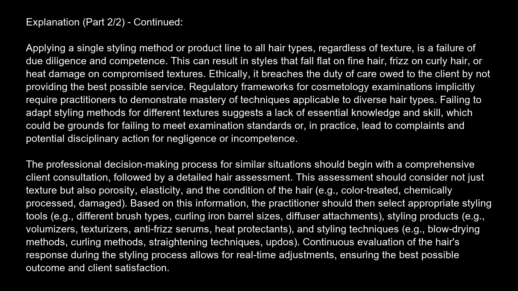Based on this information, the practitioner should then select appropriate styling tools, e.g., different brush types, curling iron barrel sizes, diffuser attachment; styling products, e.g., volumizers, texturizers, anti-frizz serums, heat protectants; and styling techniques, e.g., blow-drying methods, curling methods, straightening techniques, updos. Continuous evaluation of the hair's response during the styling process allows for real-time adjustments, ensuring the best possible outcome and client satisfaction.